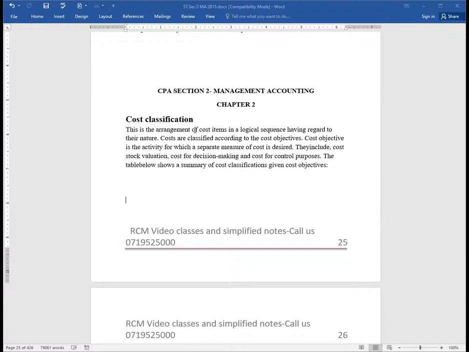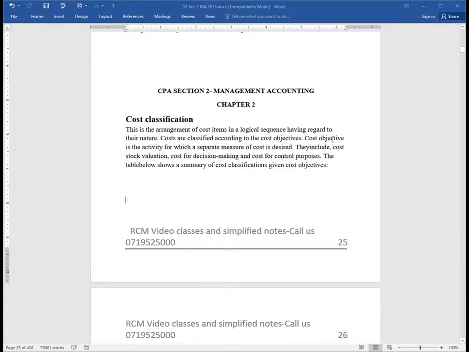How do they relate to the costs? Costs for decision making, I would of course want, ladies and gentlemen, to cost products in a way that will help us achieve this most important activity in an organization called decision making. Then we have costs for what here? Control purposes. Very, very important. Ladies and gentlemen, I would want to reiterate something here.